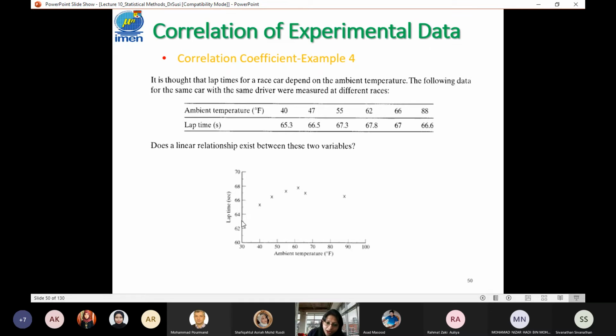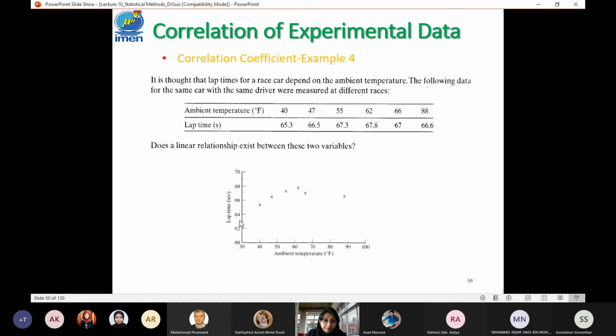You can see that when the temperature is increasing, so this is lap time. Lap time means how long does it take to go one round of the F1 circuit, time against temperature.